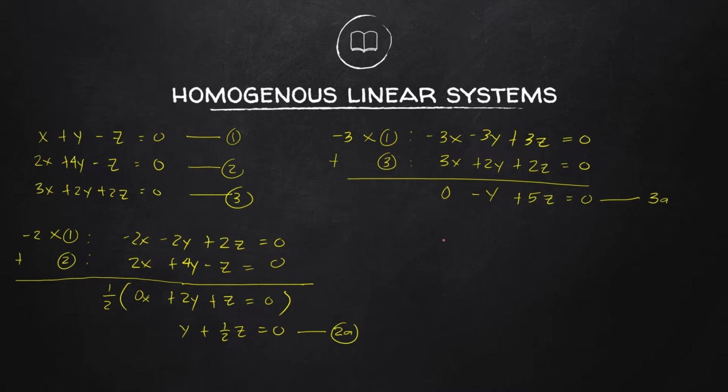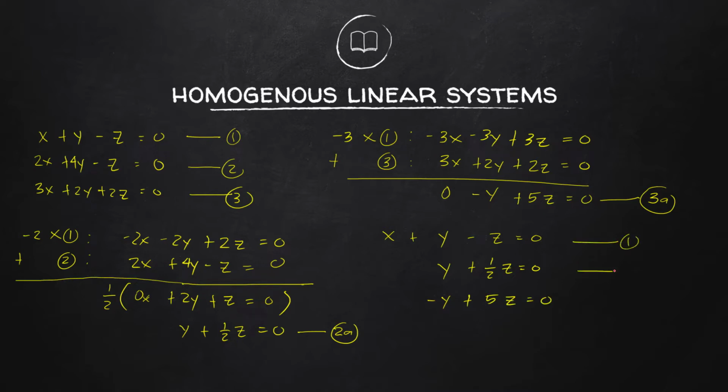And now we have your equations: x plus y minus z equal to 0. That would be the second equation, 2a. y plus 1/2 of z equal to 0, and you have your third equation here, the modified third equation, -y plus 5z equal to 0.